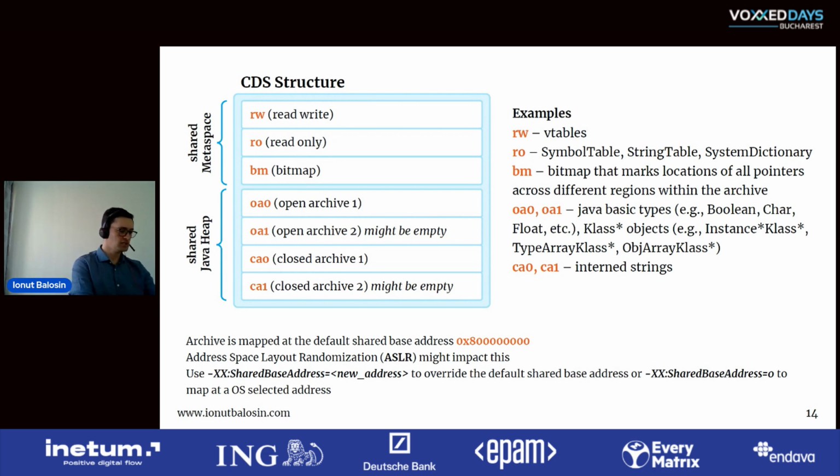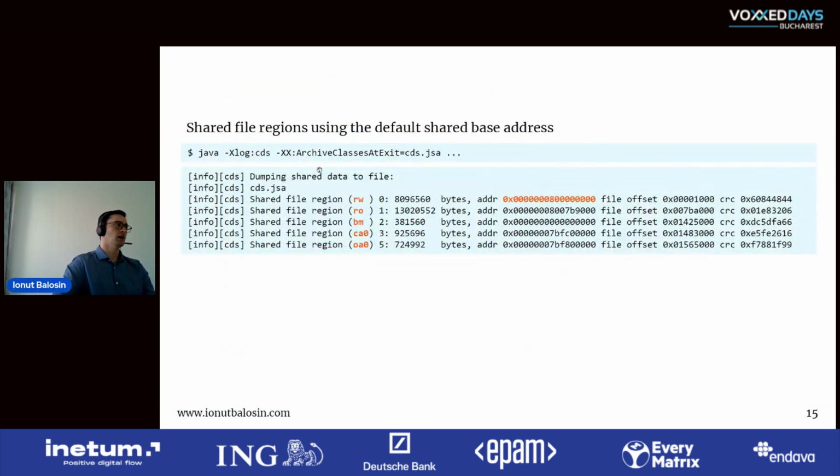Be careful, and I'm mentioning this because in most operating systems, address space layout randomization is enabled by default. It might impact this rationale in regards to the fixed address space. So basically, it might be impacted. That's why the best way to check this is when you start your JVM process, there is a flag.